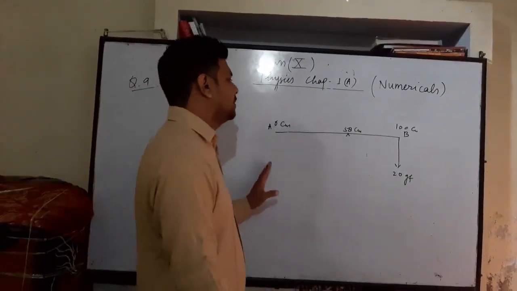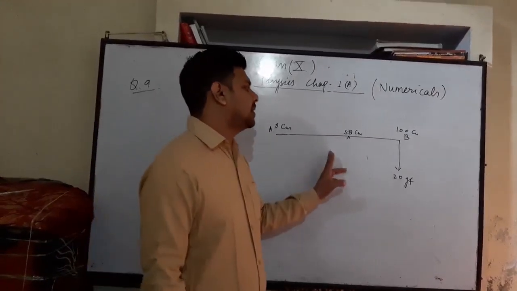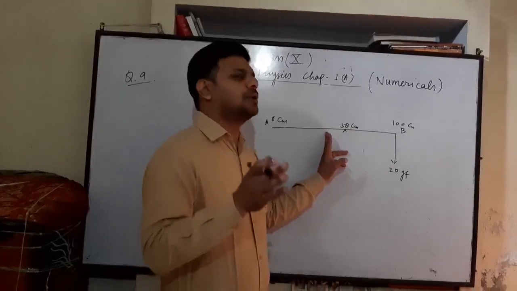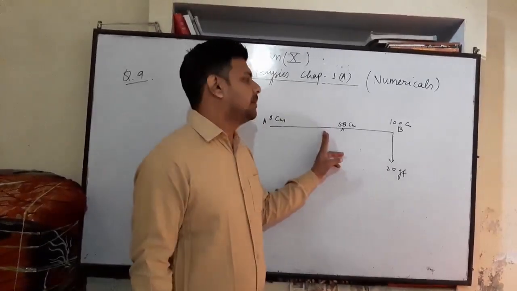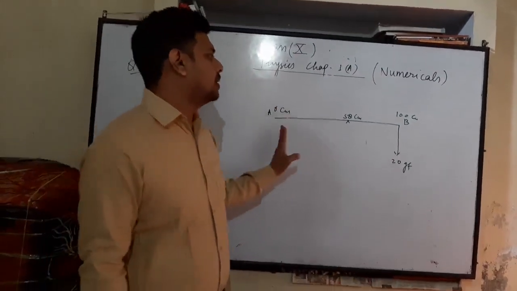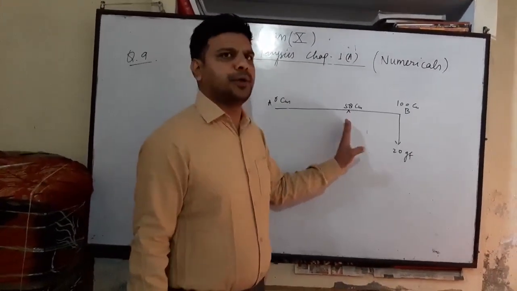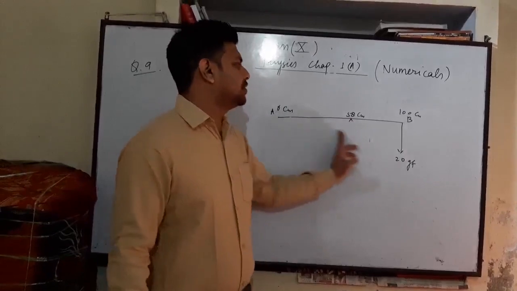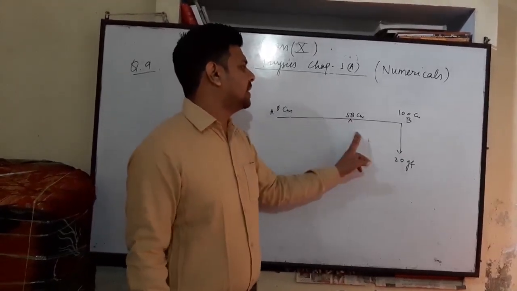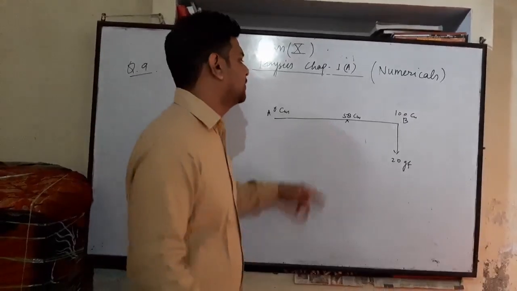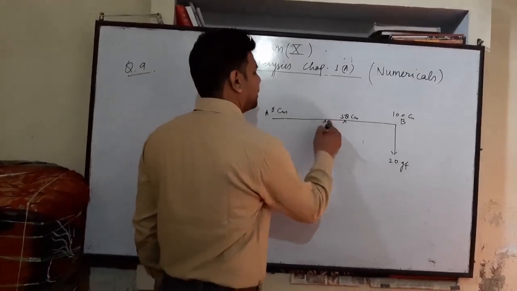One thing always remember, if the rule is pivoted at its midpoint, we don't need to draw the weight of the rule. But if the rule is pivoted at a point other than the midpoint, such as in this question, this rule is pivoted at the 58 centimeter mark, not on the 50 centimeter mark, which is the midpoint.